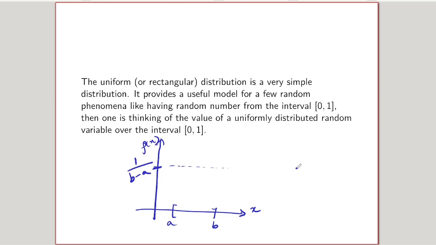So this should be the same throughout this interval. So if we draw that, we'll be getting a rectangular shape. So this is also called rectangular distribution.